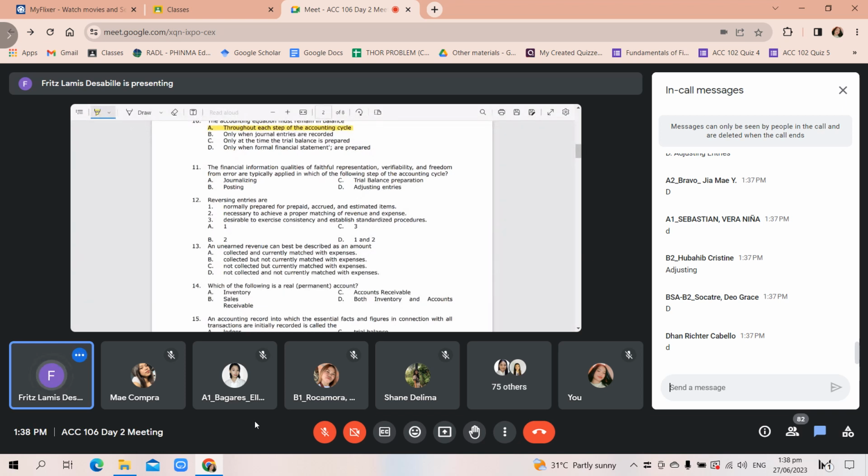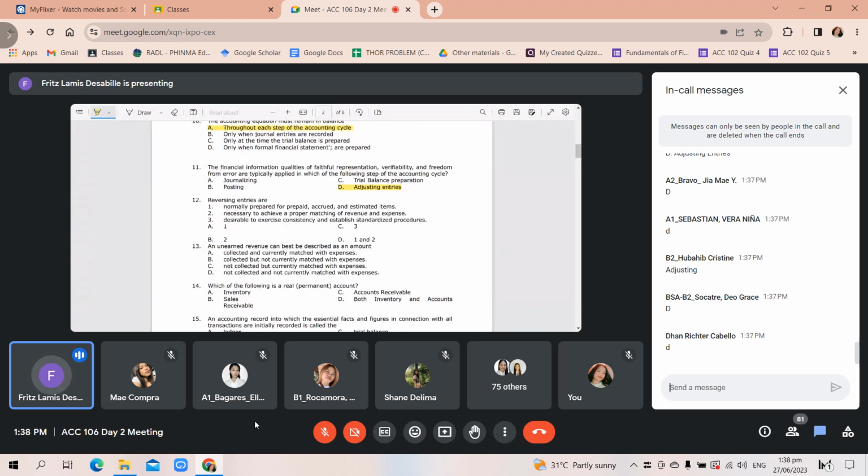Now, in order for you to correctly present, correctly state your financial statements, you must do letter D. Kailangan ka maghimo og adjusting entries. Adjusting entries are necessary, di ba, to present fairly your financial statements. Sample, PPE.